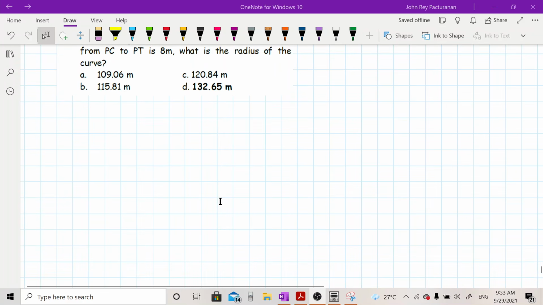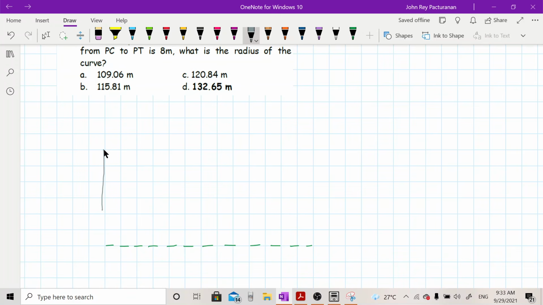So now, let's sketch but instead of the conventional sketch class, ang gagawin ko is yung tangent is vertical at the same time, yung radius is horizontal para nga at least mas madali siyang ma-visualize. So, say for instance, ito na yung radius natin. Tapos, i-drawing natin yung back tangent. Drawing tayo, class, ng back tangent.